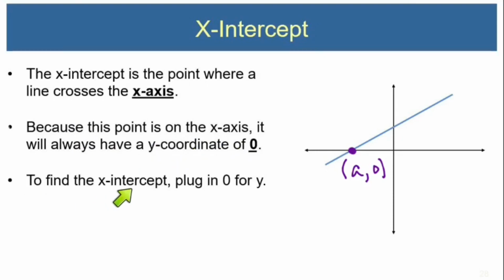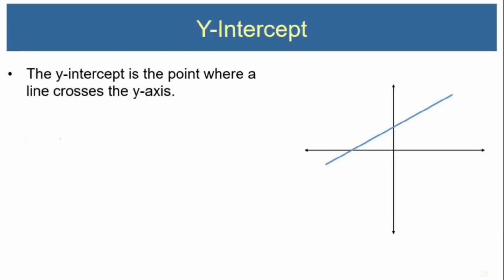To find the x-intercept from an equation, all we have to do is plug in 0 for y, because the one thing we know about the x-intercept is that its y value is 0. Now for the y-intercept, that's the point where the line crosses the y-axis, and that would be this point right here. I'll call it 0, b.